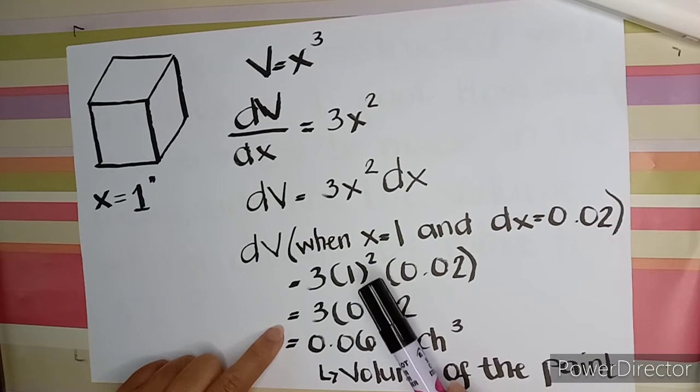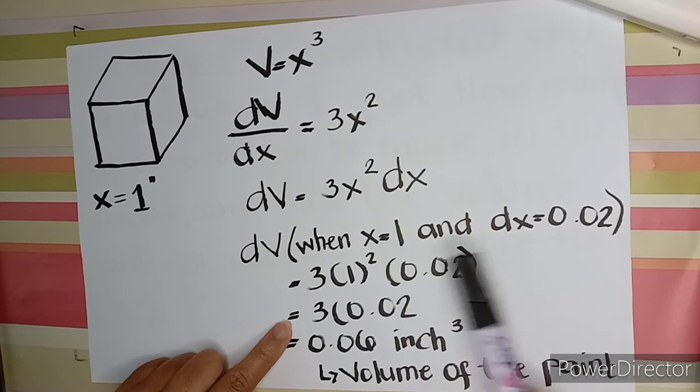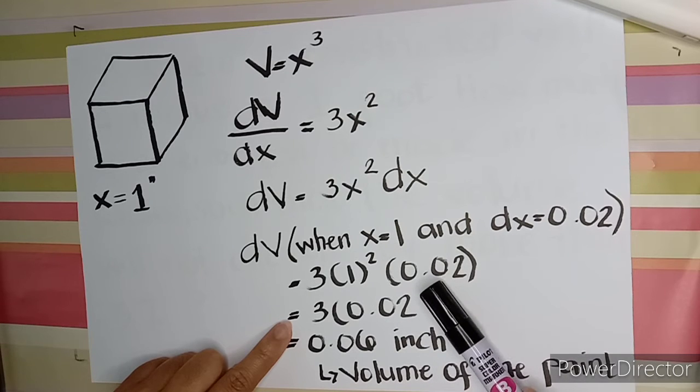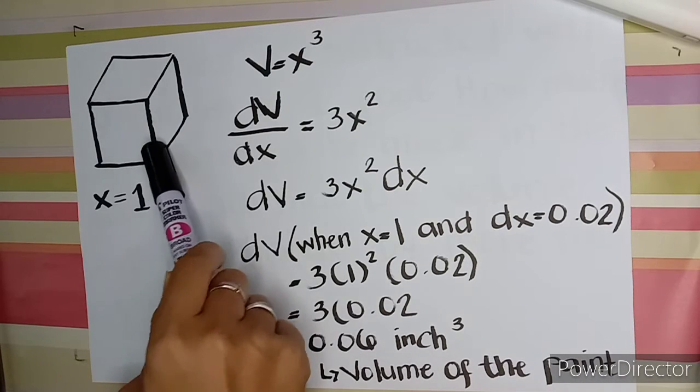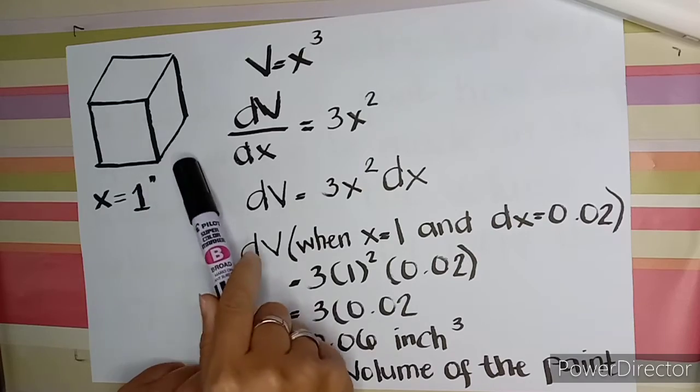So 3 times 1 squared times 0.02 is equal to 0.06 cubic inch. So this is the volume of the paint to be painted on this 1 inch side cube.